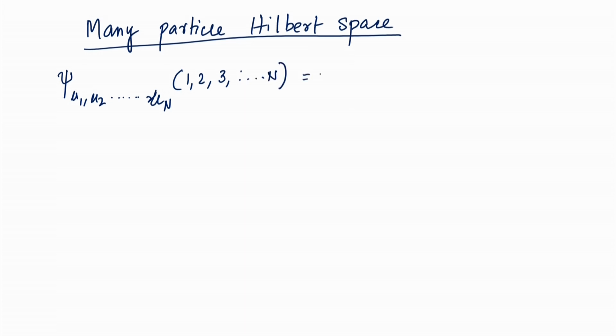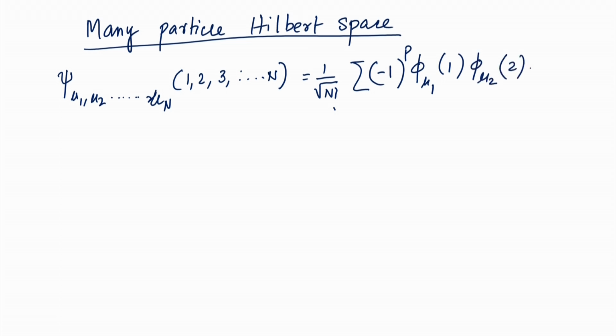This is equal to 1 over root n factorial, sum over permutations of minus 1 to the power p, phi of mu 1 at 1, phi of mu 2 at 2, and going all the way to phi of mu n at n. And this is a many particle state.